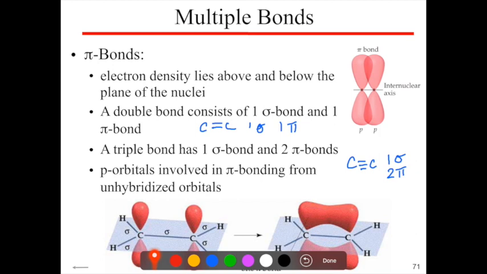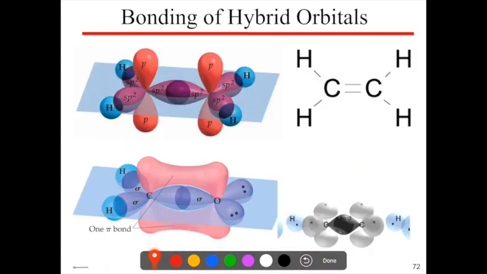What it looks like is the p orbitals will overlap, an overlapping where electrons live, stretched out. The electrons can jump between the pi orbitals above and below the atoms. That's the difference. The sharing of electrons is above and below for pi bonds, and the sigma bond is directly between.